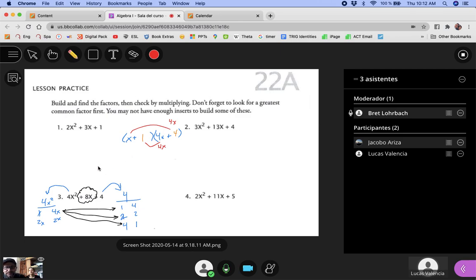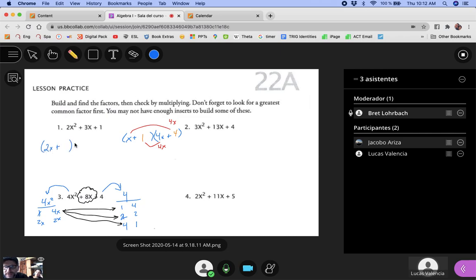Actually this is kind of interesting because look, there are 2 ways to do the rectangle.